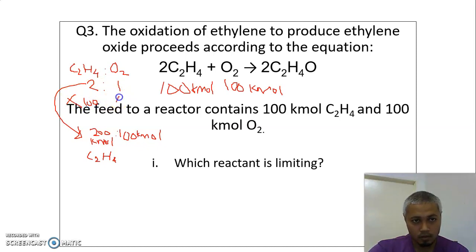Here we have 1 times 100, 1 times 100 we get 100 kilomole. 2 times 100 we get 200 kilomole. So in this question, which reactant is limiting?